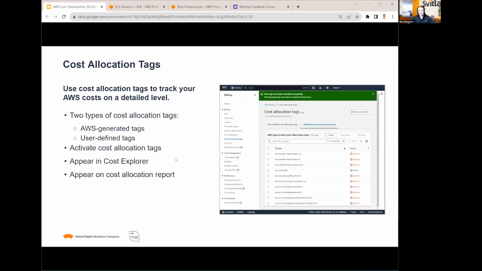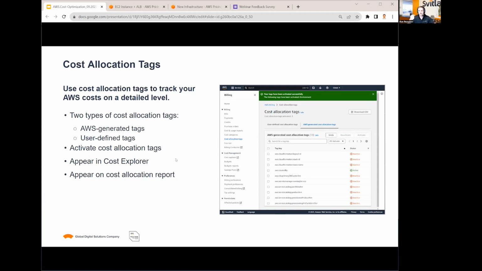In order to transform a tag into a cost allocation tag, there is an additional feature of billing where AWS provides all tags which are assigned to resources in an account, and we are able to set some of them as tags which will be used in Cost Explorer and in cost reports. How does it work? Once again, for example, we use the tag department.